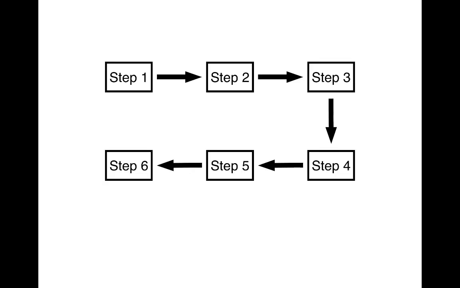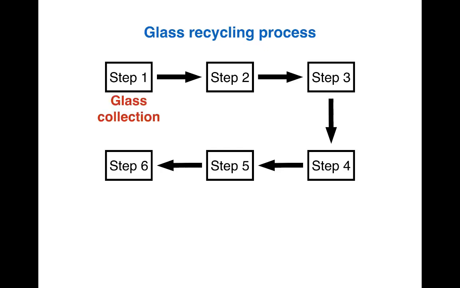Imagine we have these steps, and these steps show the process of glass recycling. If we take one of the steps and say it's glass collection, how do we put that into the passive? Well, glass is collected. Notice we use the verb to be in the present, is in this case, and then the past participle. Glass is collected.